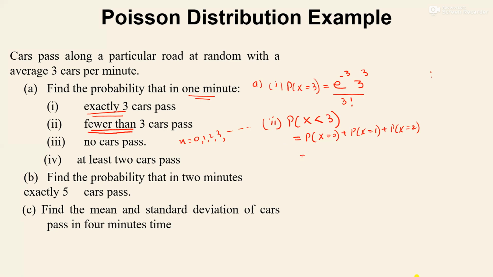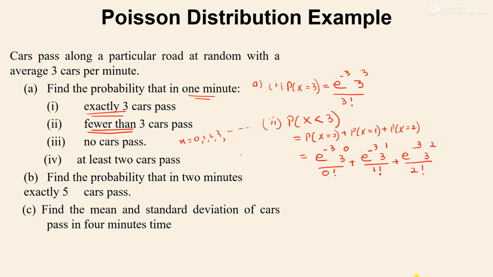Then this is equal to e to the power minus 3, 3 to the power 0 over 0 factorial, plus e to the power minus 3, 3 to the power 1 over 1 factorial, plus e to the power minus 3, 3 to the power 2 over 2 factorial.